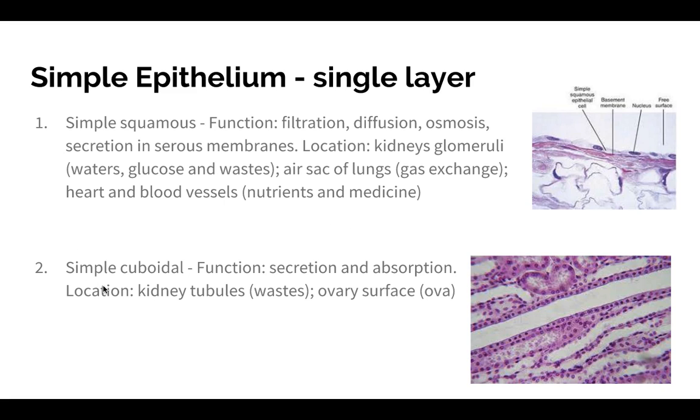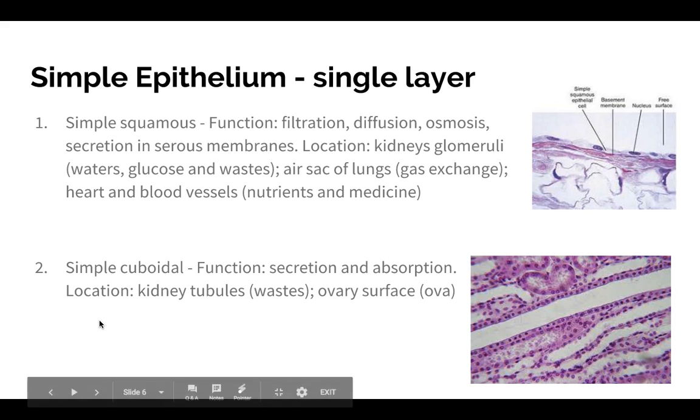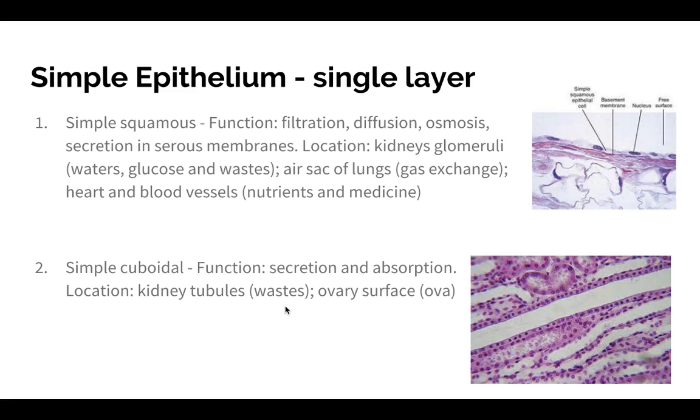All right. Your next type of epithelium is the simple cuboidal epithelium. The function here is for secretion and absorption, and the location of this would be in the kidney tubules for waste products and also on the surface of ovaries for the ova, or the eggs, that are being housed in the ovaries.